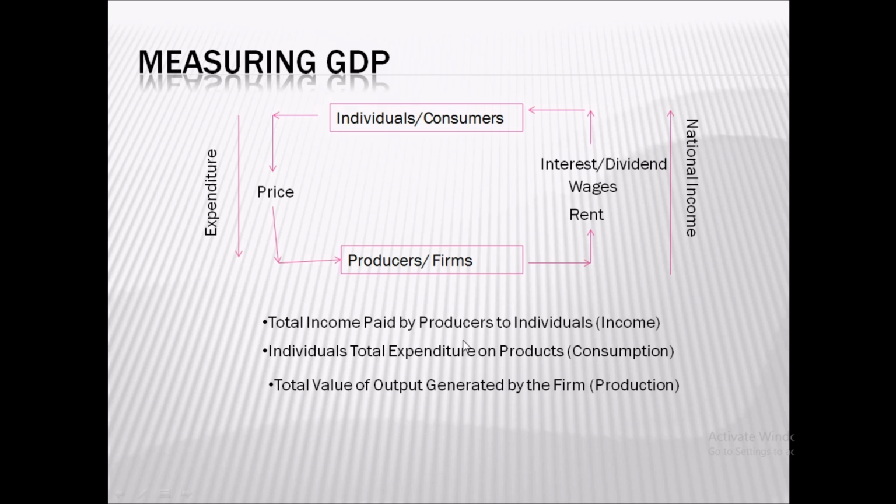So you can measure GDP using any of these methods: either the income method, wherein you measure the national income, or the expenditure approach, wherein you measure the expenditure side in the economic system, or the production approach, wherein you measure the total value of goods and services produced by the firm. This is also known as the value added approach.